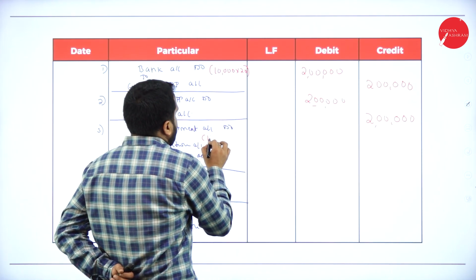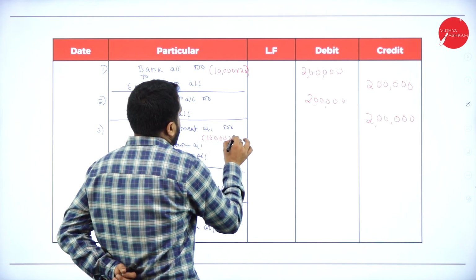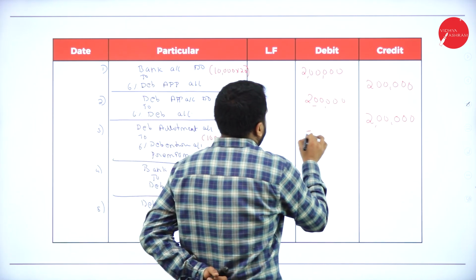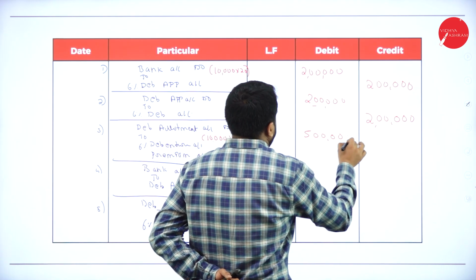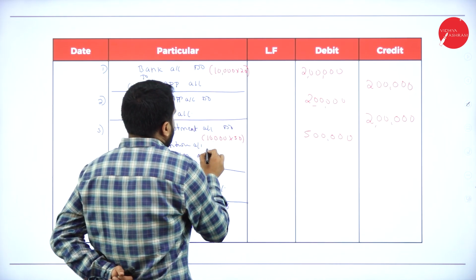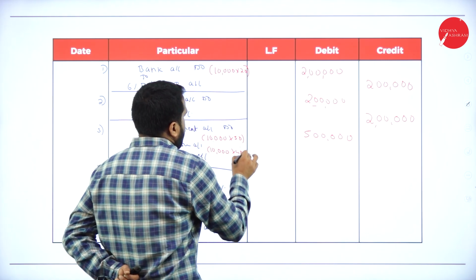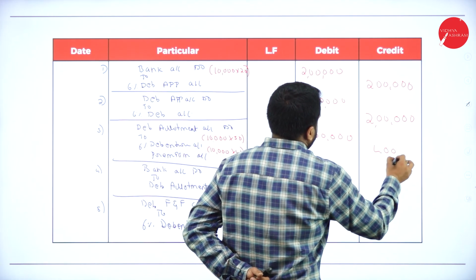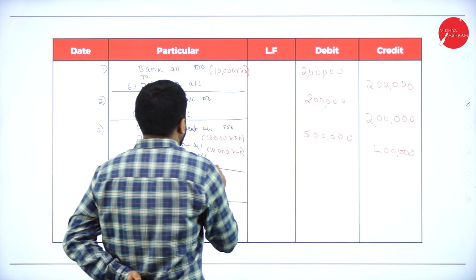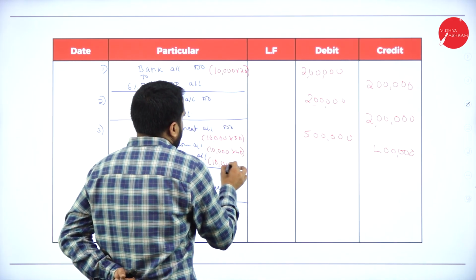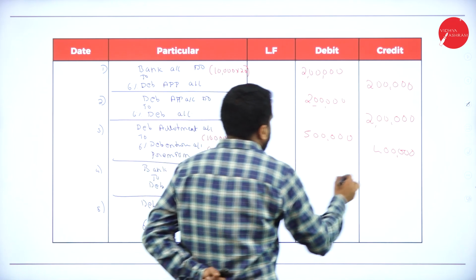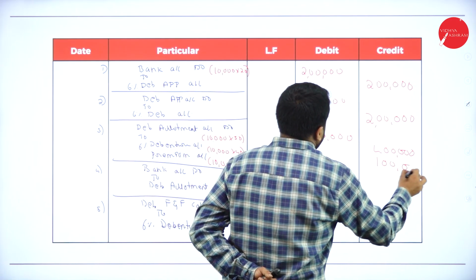Now, what is the allotment? Allotment go with 10,000 into 50. This will be 5 lakh. Debenture is how much? 10,000 into 40, 4 lakhs. Your premium is how much? 10,000 into 10. This will be 1 lakh.